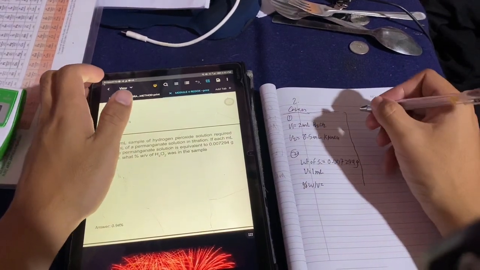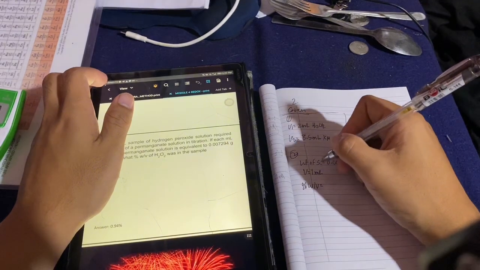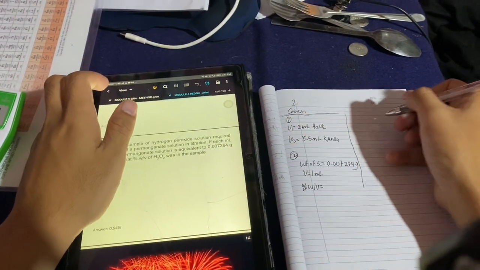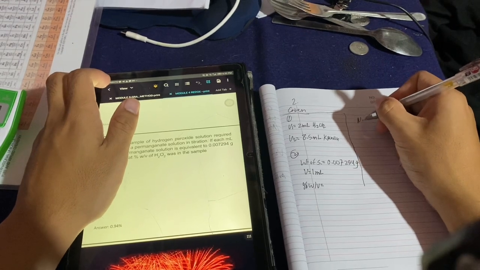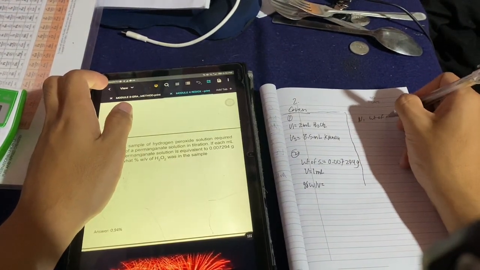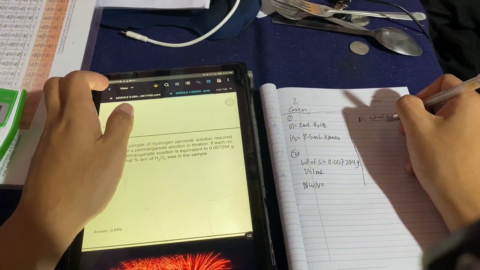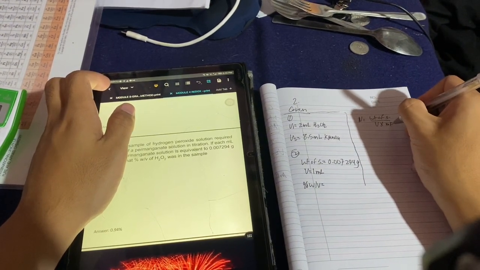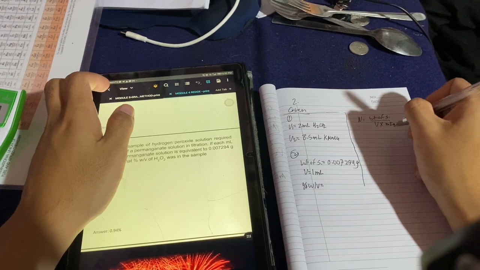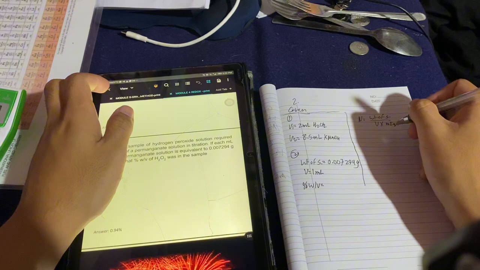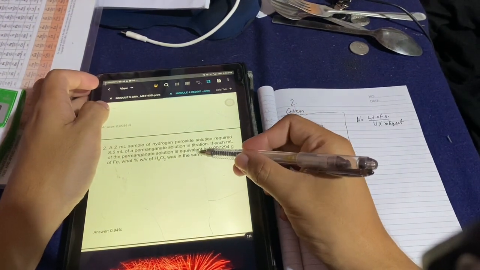What we will do is find the normality, because given these values, we can find the normality, which is equal to the weight of the substance over the volume times milli equivalent weight. So in order to calculate, we first need to know the milli equivalent weight. What is the analyte in number 2?